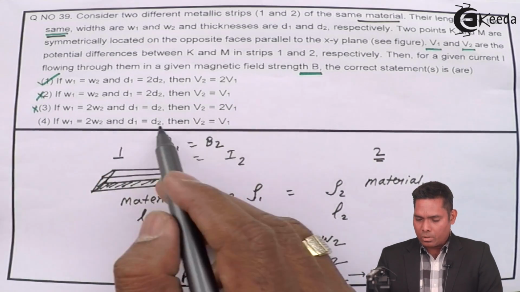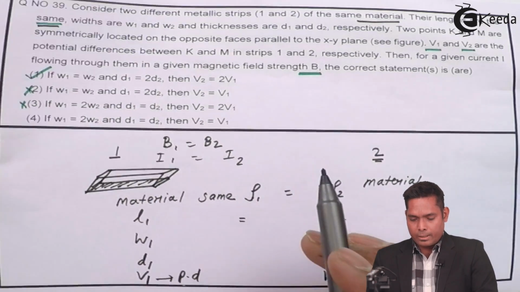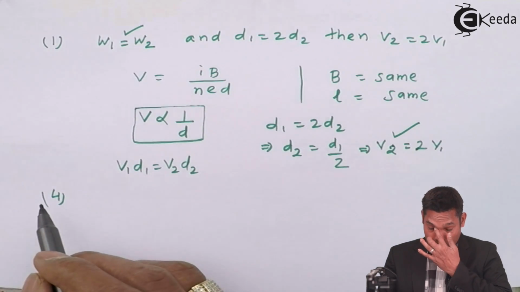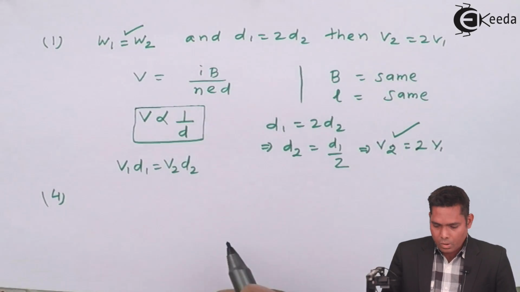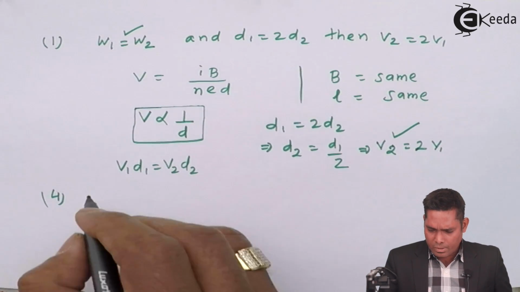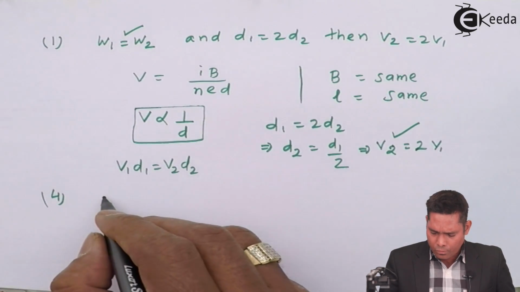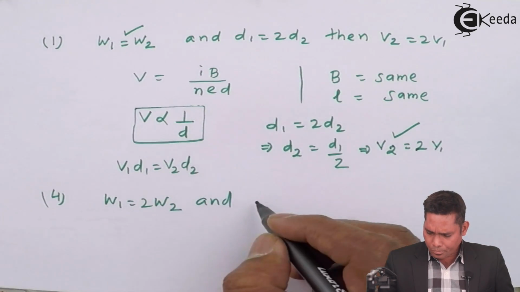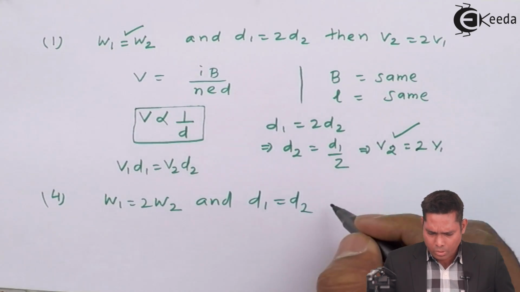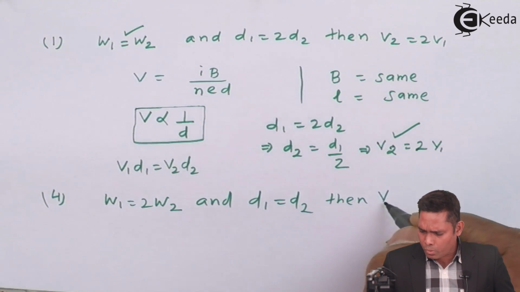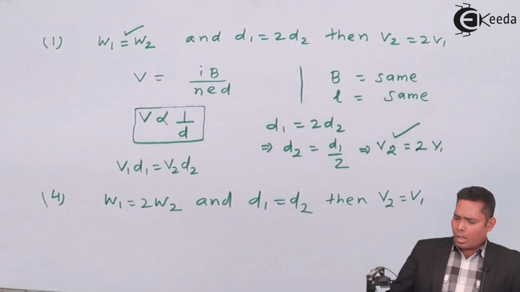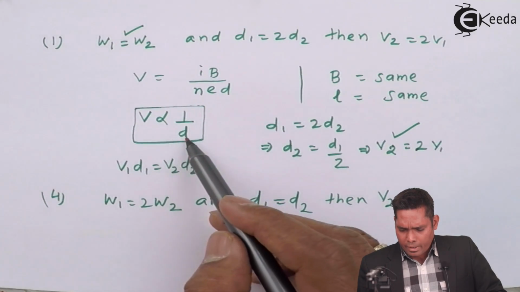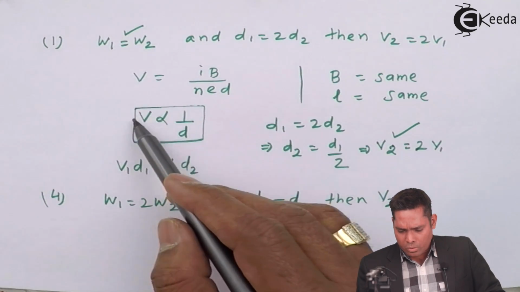We'll check option number 4, which is given as: if W1 is 2W2 and D1 is same as D2, then V2 is V1. As we can see from the relation, if I don't make any change over here, there will not be any change over here.